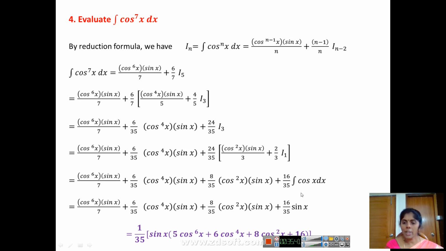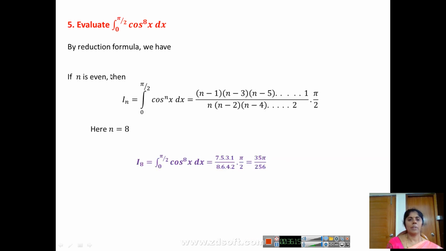The integral of cos x is nothing but sin x, and replacing all these things and taking the LCM, here the LCM is 35, so we can write 1 by 35 into sin of x, which you can take out as a common factor. We get a result in this form: 5 times cos to the power 6 of x, plus 6 times cos to the power 4 of x, plus 8 times cos to the power 2 of x, plus 16.